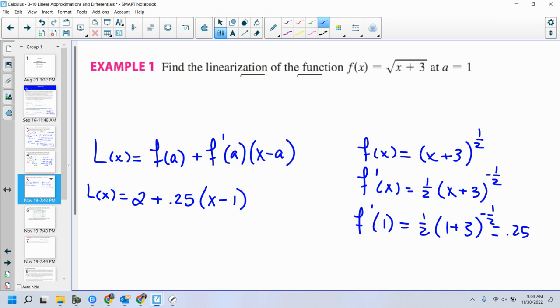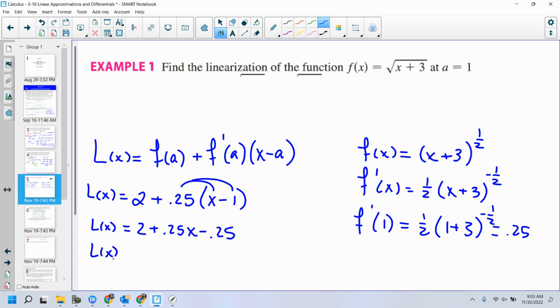We know that square root of x plus 3 is going to act like that. Yeah, I guess we can make it look a little nicer. 2 plus 0.25x minus 0.25.